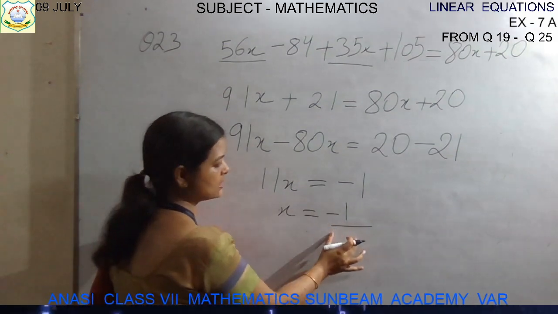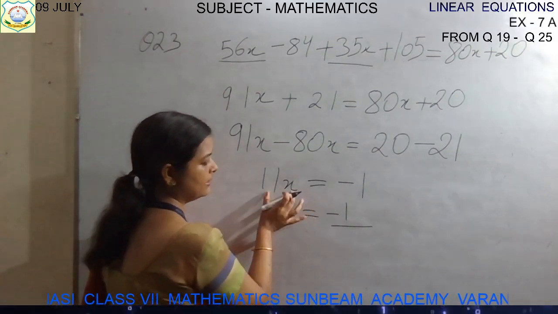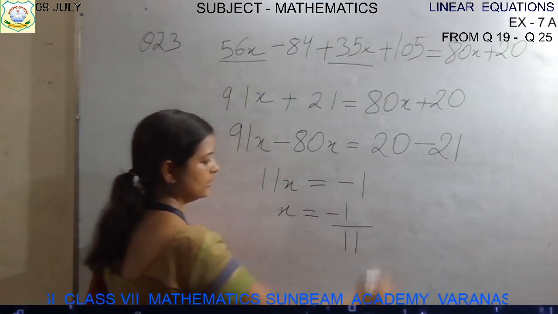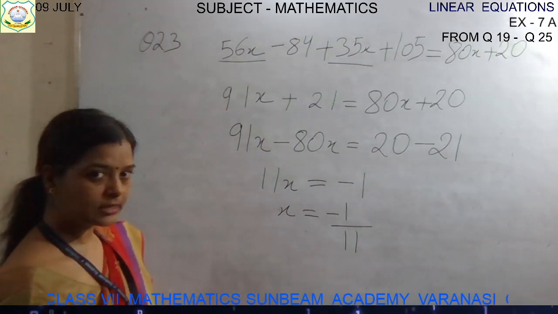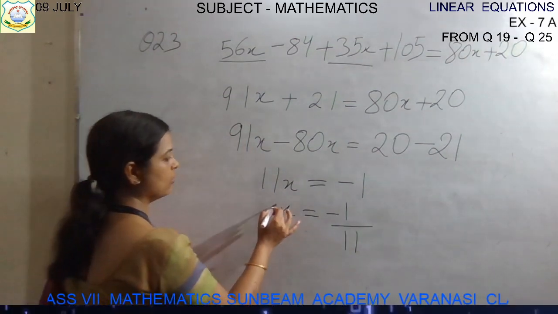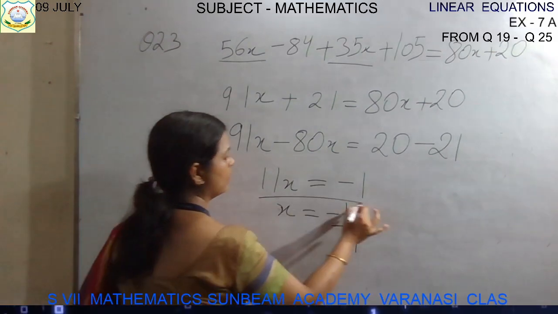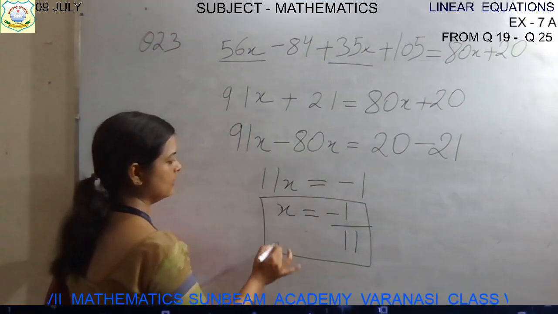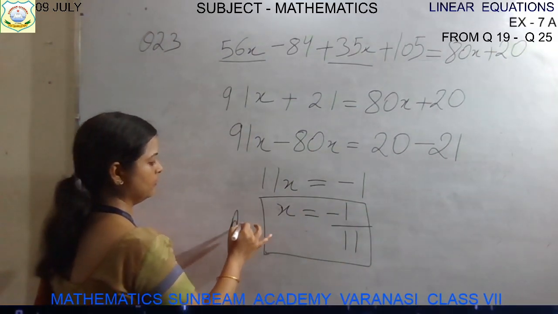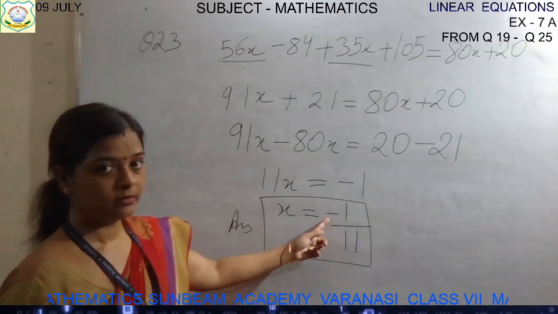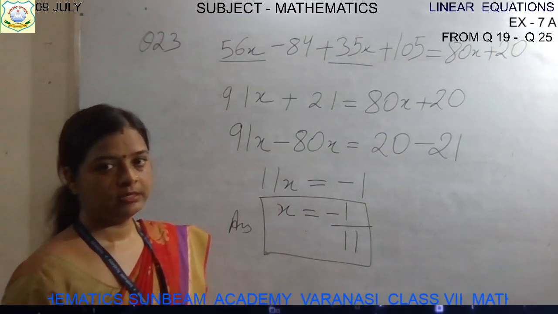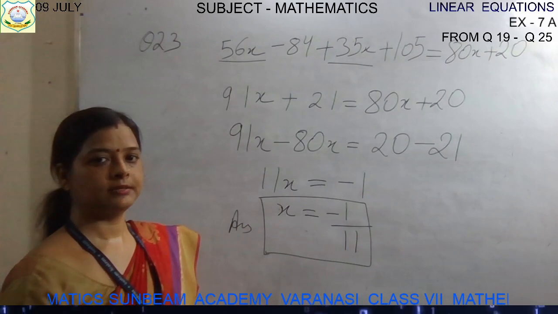So when it will transpose to other side, it will go for division. So what is the final answer? The value of x is minus 1 upon 11. Sign will remain there, children. Minus 1 upon 11. This is the final answer.